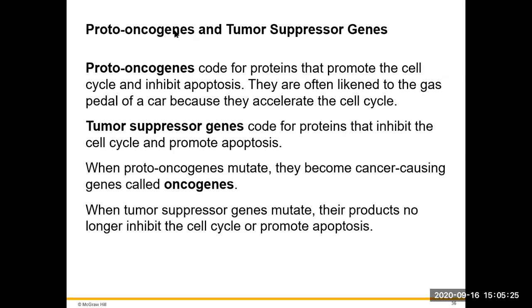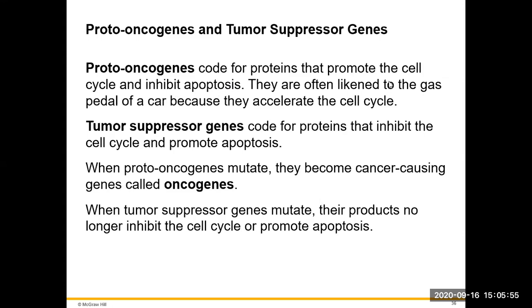The proto-oncogenes are the ones that do things that they are not supposed to do. The way I see it is pro-to-on: pro means it supports, to on, not off. That means it supports the growth of the cell cycle. These oncogenes code for proteins that promote the cell cycle and inhibit apoptosis.